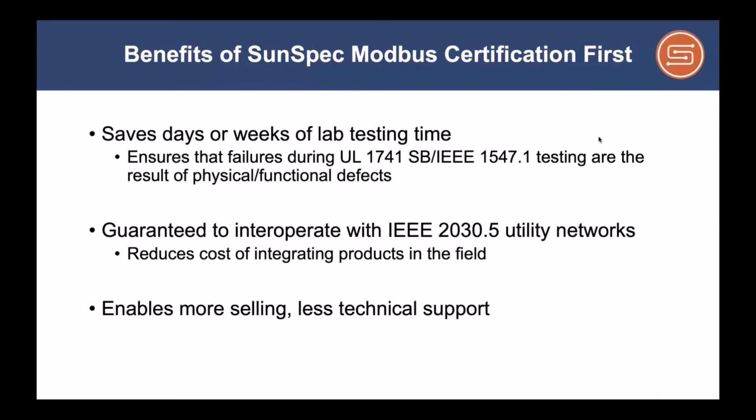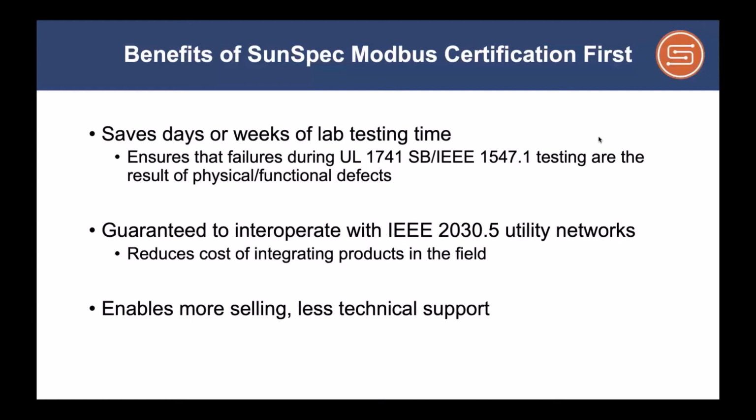Some of these IEEE 1547 tests, a single test, may take as long as a full day to execute. So if your interface is certified, this means that you can potentially save days or maybe even weeks of lab testing time, because you are assured that the communication interface works and that the failures or defects you're dealing with are really limited to the physical or functional aspects of the product.